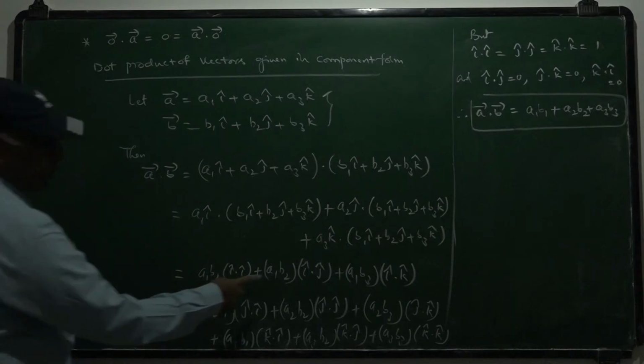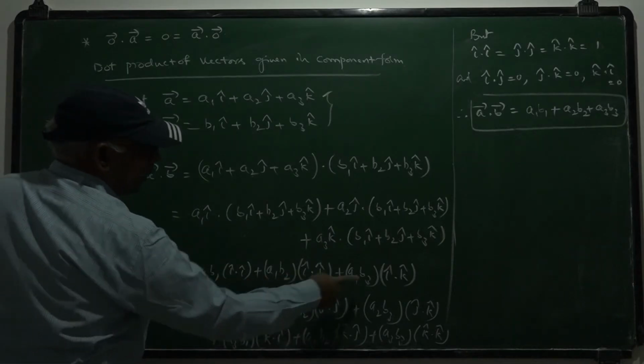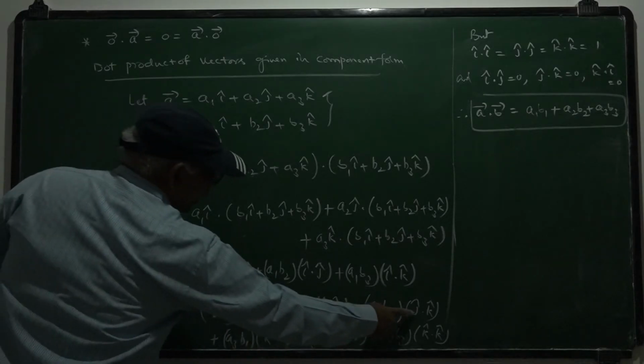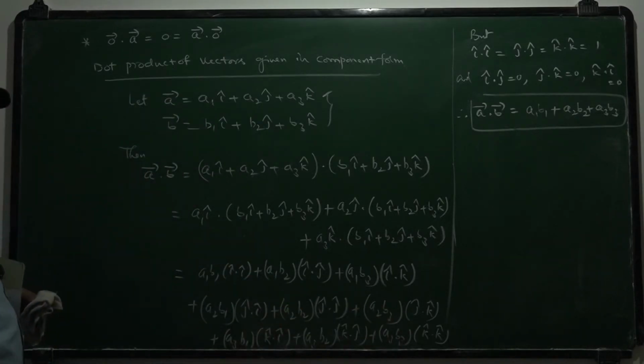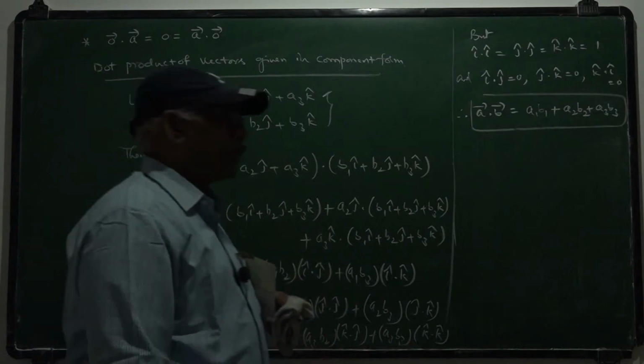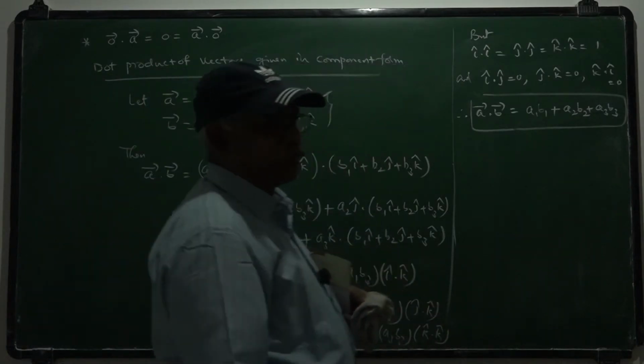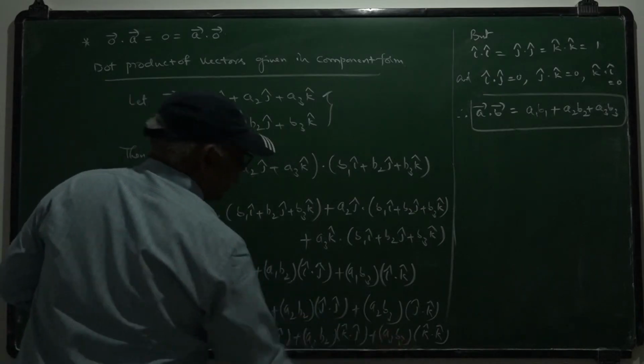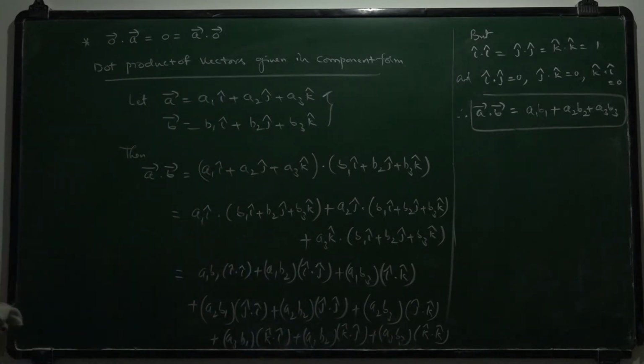Hence, the terms I dot J, I dot K, J dot I, J dot K become 0, except the I dot I, J dot J, K dot K terms, which exist. Hence, the dot product of the given vectors in their component form becomes A1 B1 plus A2 B2 plus A3 B3.